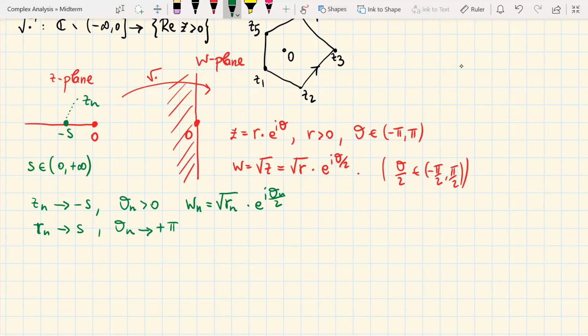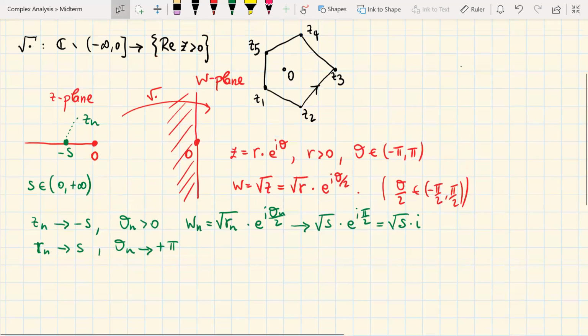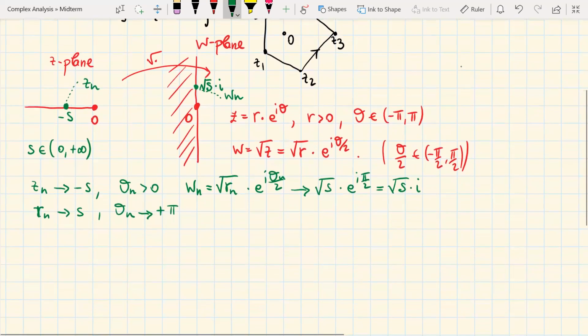Then we see that Wn is converging to square root of s times e to the I pi over 2, which is I, so square root of s times I. So if we want to depict this in the W plane, we will have somewhere here square root of s times I, and this will be the sequence Wn.